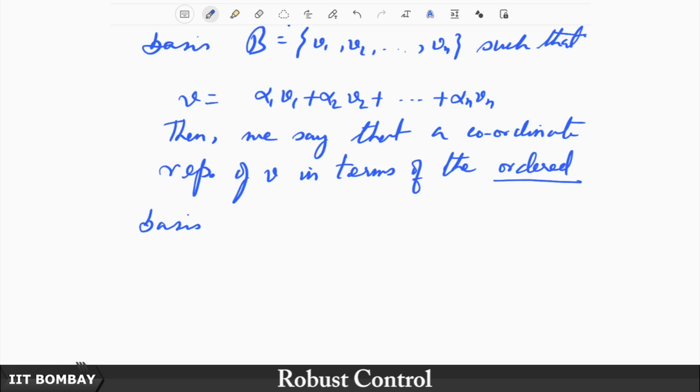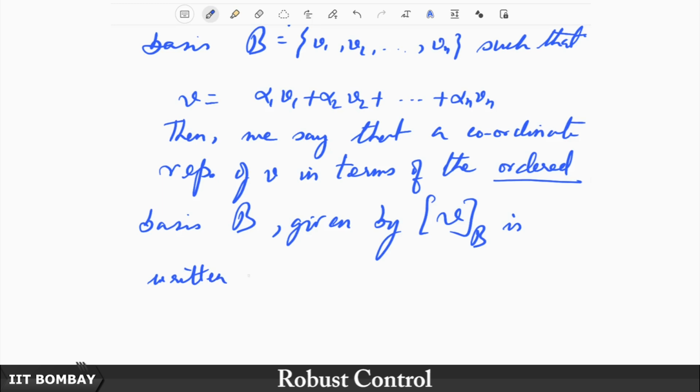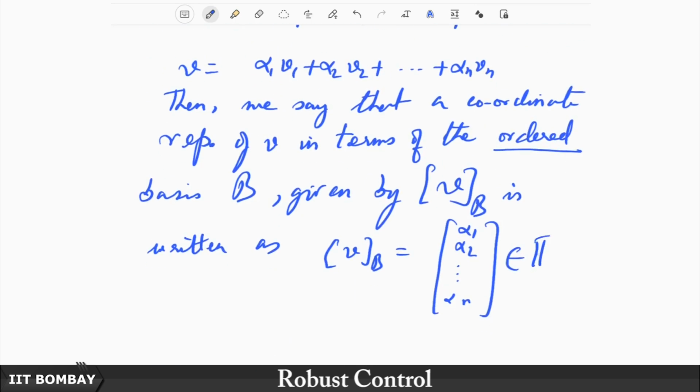So then we say that a coordinate representation of V in terms of the ordered basis B, given by V within the box bracket, is written as [V]_B = (alpha 1, alpha 2, ..., alpha n), and what does this remind us of? This is something that now belongs to Fn, in our case maybe Rn or Cn.